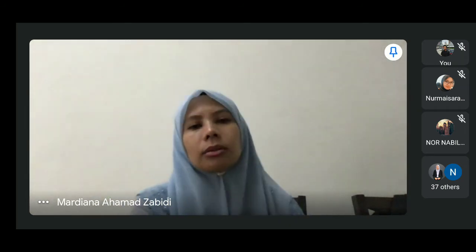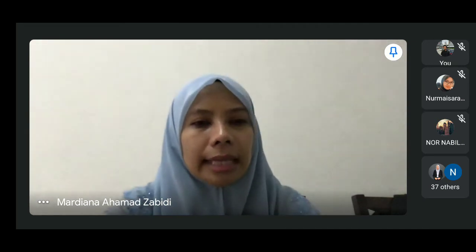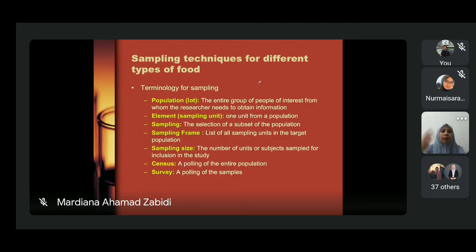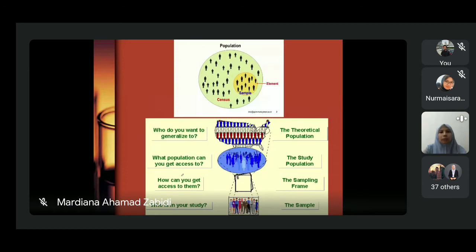The e-census is going on now. So that one is census. We want to take a census of the whole population of Malaysia, for example. And then survey, this one is a polling of a sample. Survey is basically more towards the qualitative rather than quantitative.